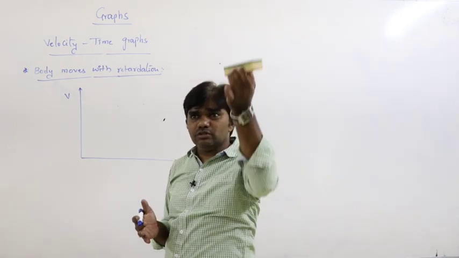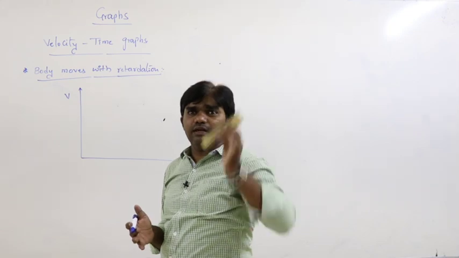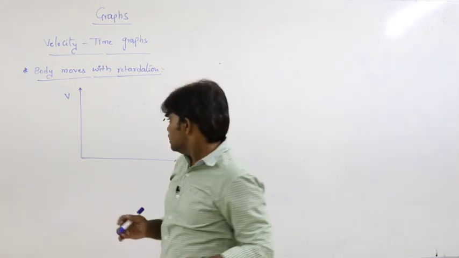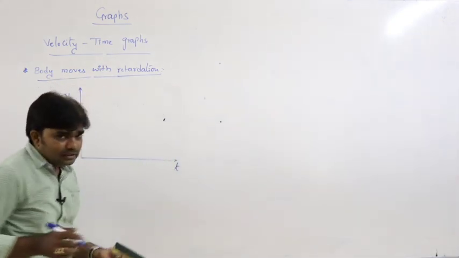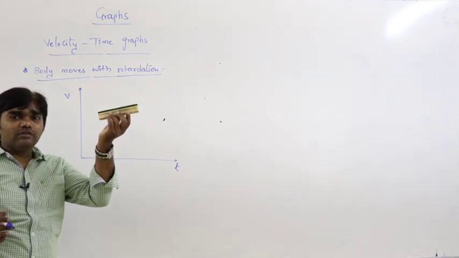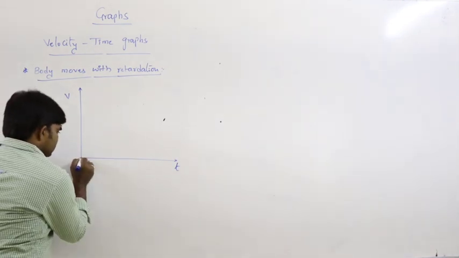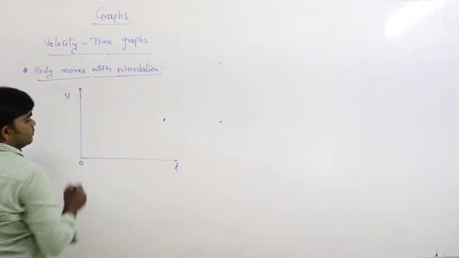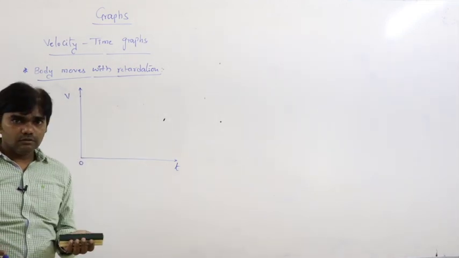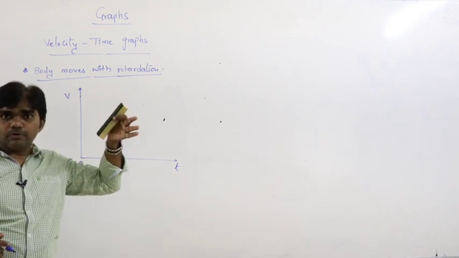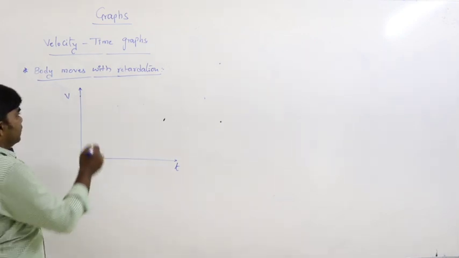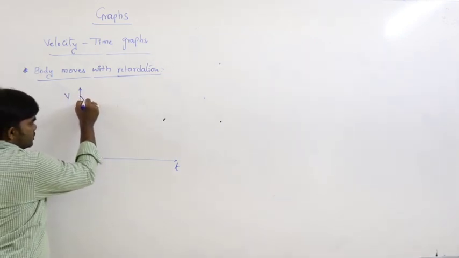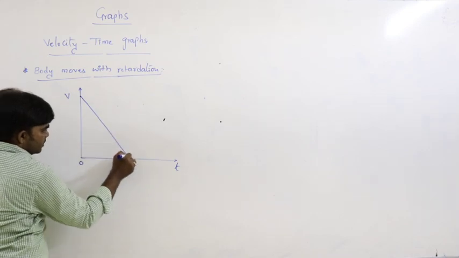At time 0, velocity is maximum, because we project with maximum velocity, and the velocity gradually decreases and finally becomes 0.